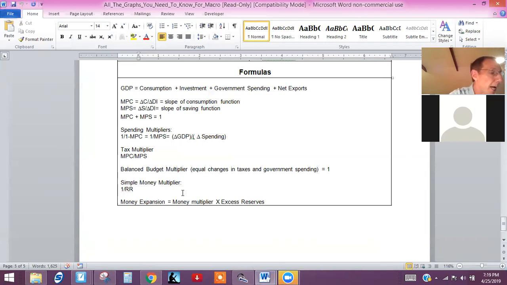Keep in mind that when there's a change in the money going into the overall money supply, if it goes up, what can change is the overall amount of demand deposits throughout the system.